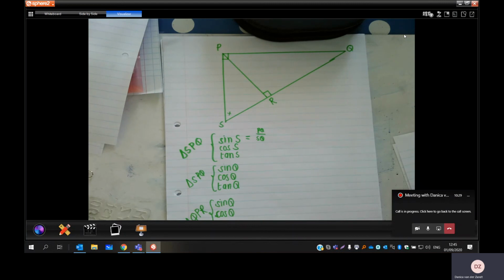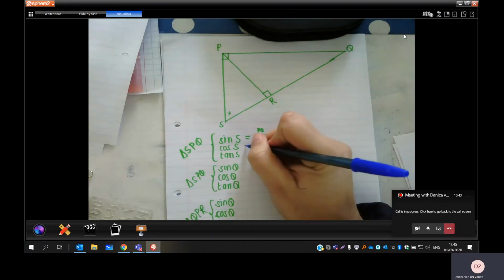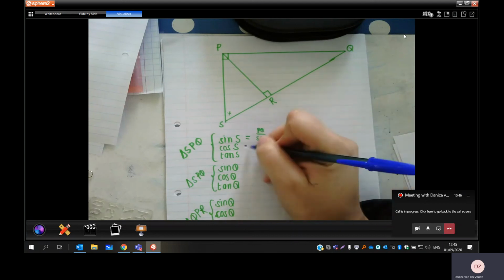I'm going to write in pen just because it's a thinner tip. Adjacent over hypotenuse. SOHCAHTOA. Okay, I will write the ratios.